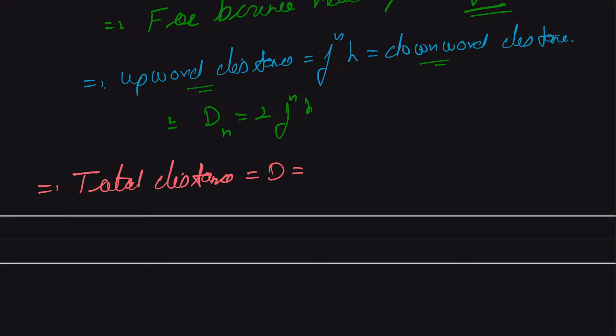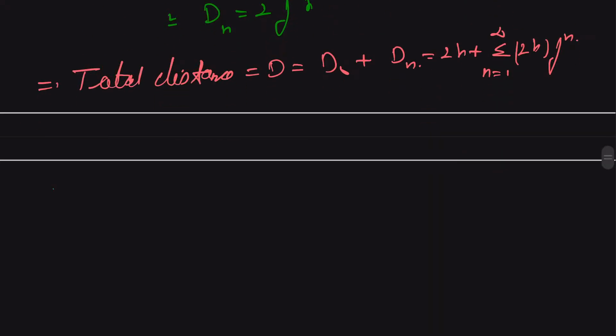let us call this D, and this D will be equal to d naught plus d n. Okay. And d n is our general formula, so d naught we already know is 2h, and this general formula we can write as the summation from n equals 1 to infinity of 2h f raised to power n.